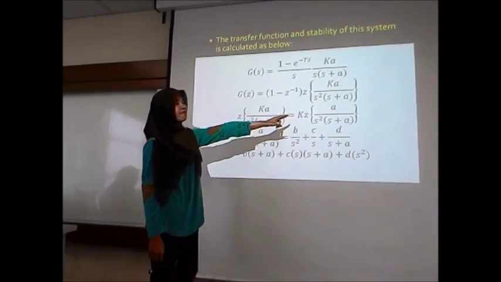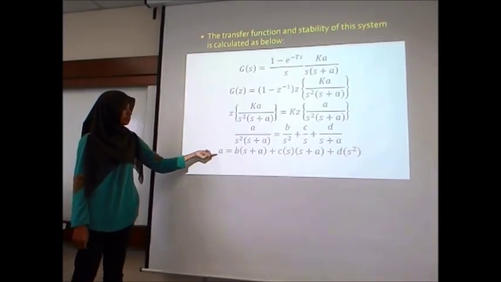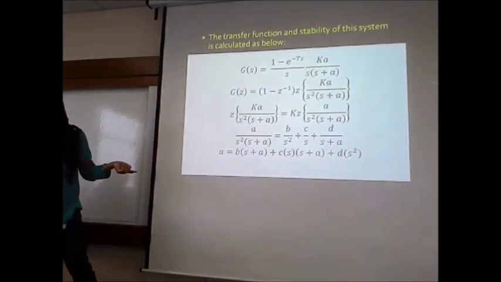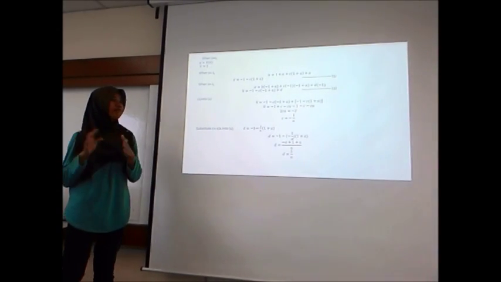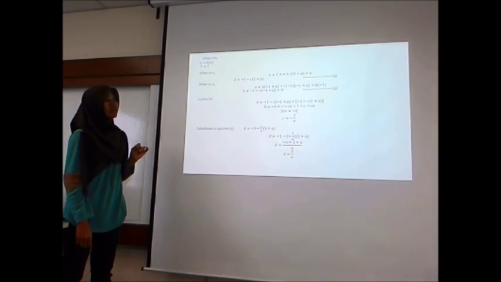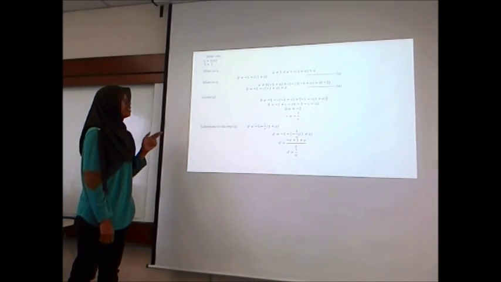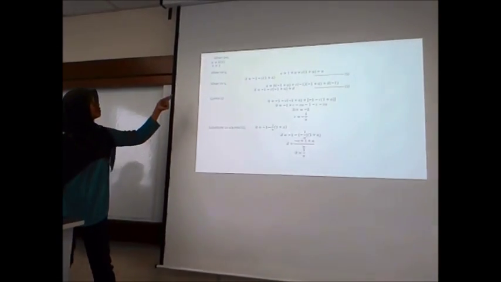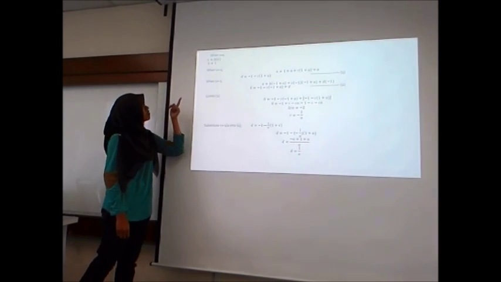From this we have to find the partial fraction, which equals A over s squared plus B, C and D. To find the partial fractions, we assume when s equals 0, then we obtain B equal to 1.